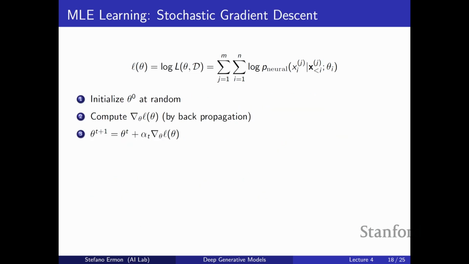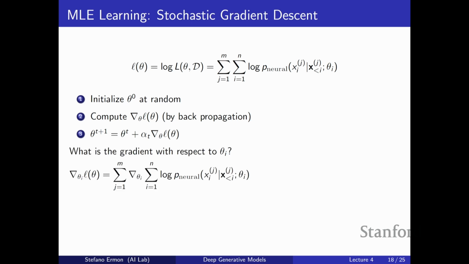One thing to note is that as written, this quantity involves a sum over an entire data set. If you want to know the effect of changing the parameter of one of these classifiers, so you want to get the gradient of the loss with respect to, let's say, theta i, where theta i is the parameters of the ith conditional, you would have to sum over the whole data set to get this gradient, which would be way too expensive because you would have to go through the whole data set to figure out how to adjust the parameters of your classifier.